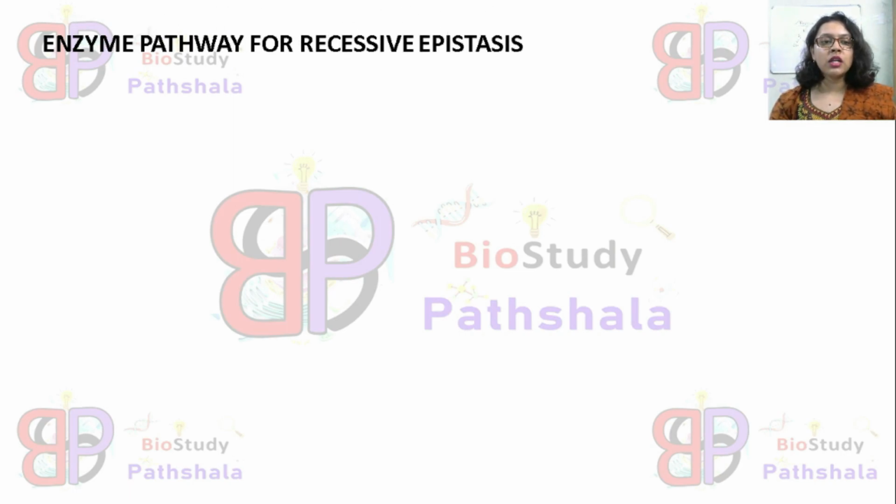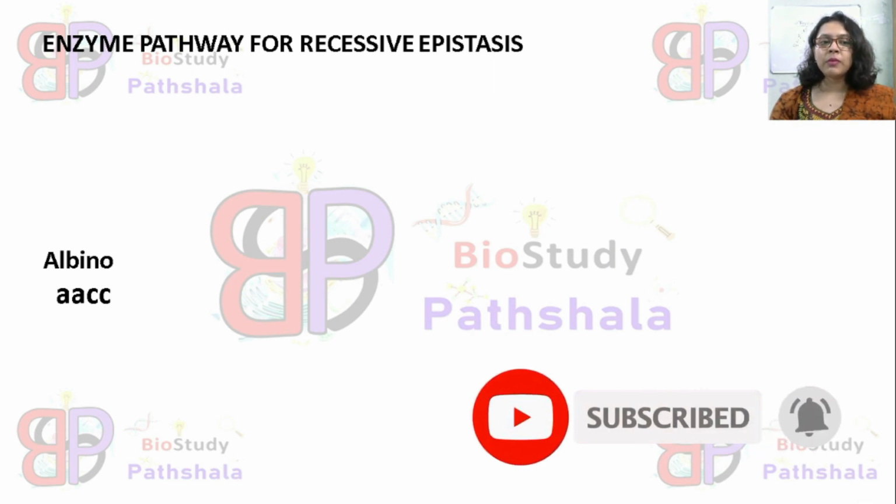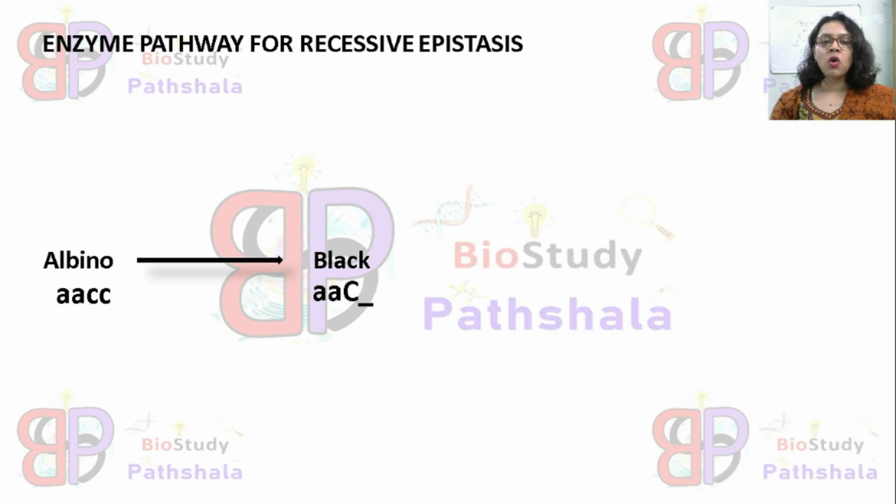The albino coloration or the white pigment, that means no pigmentation, is the basic precursor for this pathway, and this no pigmentation is coded by small a, small c. That means all the homozygous recessive form of A gene and C gene. This albino color is transformed to black, which is coded by small a capital C dash, and this black color is formed due to activity of E1 enzyme.